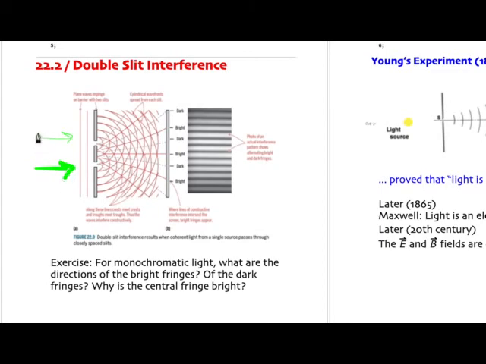So here's the incoming light. And I don't draw it as a ray anymore. I draw the wave fronts. So let's say these are the crests of the electric field. Now, some of the light will go through this slit.